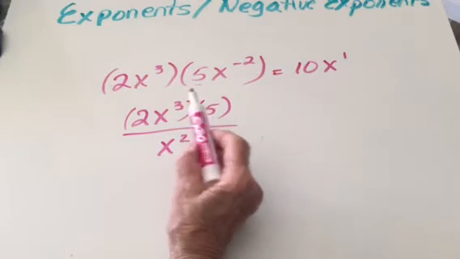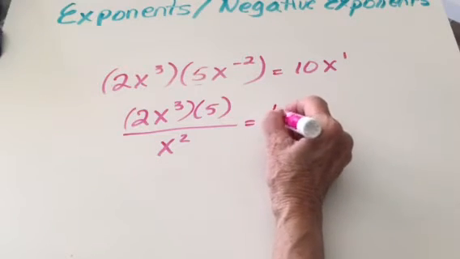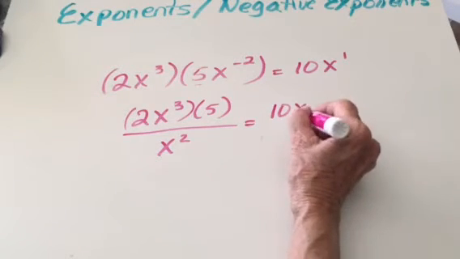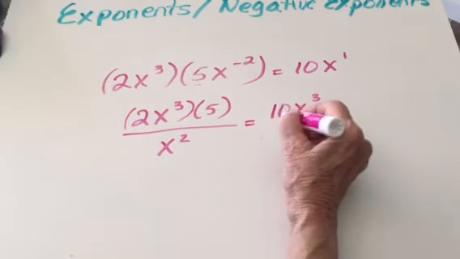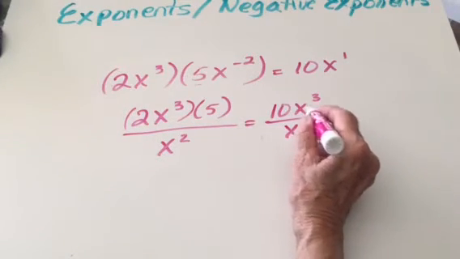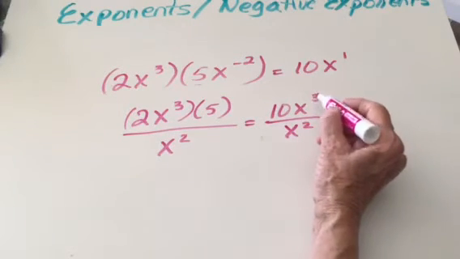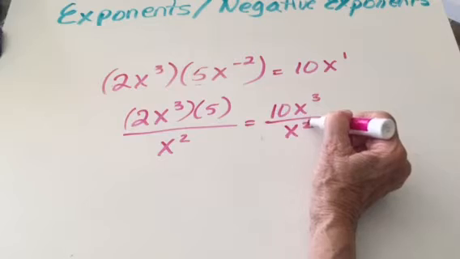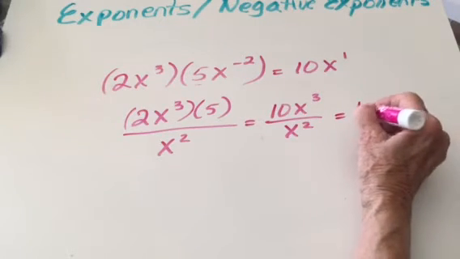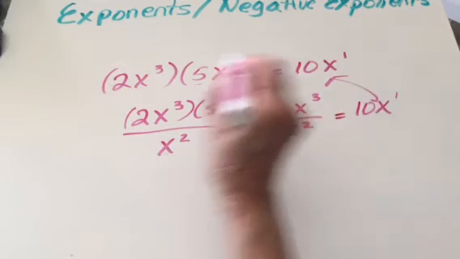All right, let's just try this. 2 times 5 is 10. This is 10x to the 3rd. I'm just going to multiply it like that. Then I'm dividing it by x squared. What happens when you divide exponents? You subtract. So 3 take away 2 is just 1. So this is going to equal 10x to the 1 power, which is exactly what we got there.